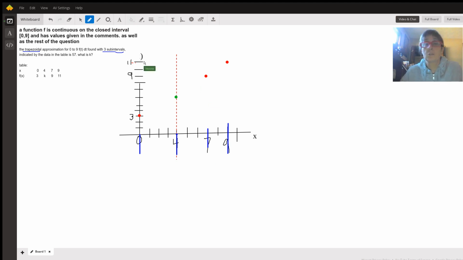So now what I'm going to do is draw a trapezoid. One side is going to be from the point at 0, 3 to the point at 4, k, whatever k is.